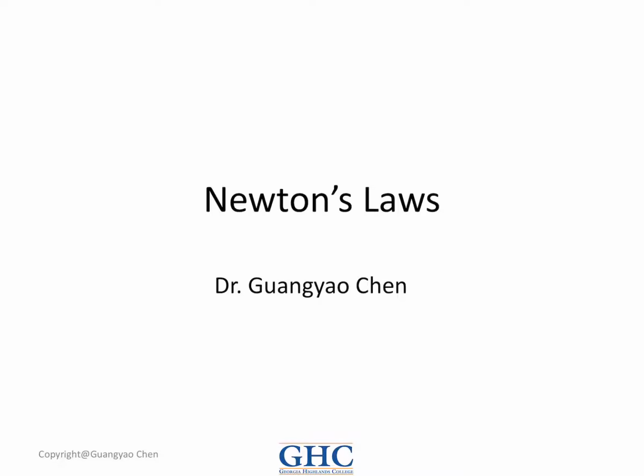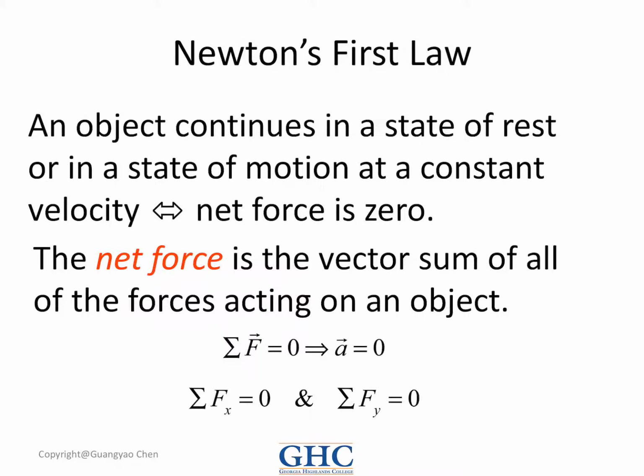Hello everyone, in this video we are going to go over Newton's first law and do a few examples. So Newton's first law says if an object is in a state of rest or in a state of constant velocity motion, then the net force acting on the object must be zero.